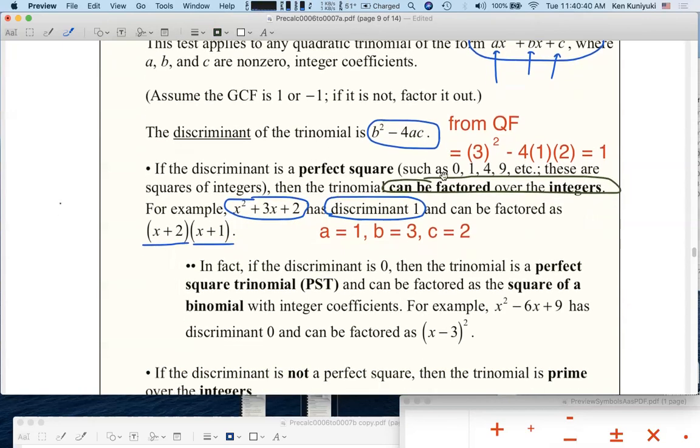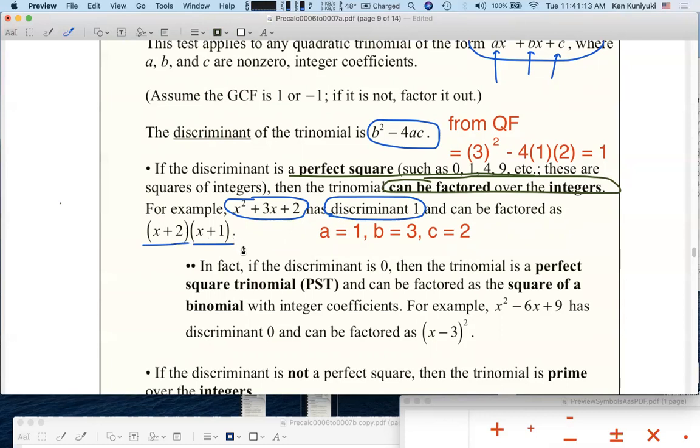By the way, because the discriminant is 1, why does that mean that we can factor it nicely? Because 1, the discriminant, is a perfect square. Perfect squares are squares of integers. 0 squared is 0, 1 squared is 1, 2 squared is 4, 3 squared is 9, and so forth. So if your discriminant is 0, 1, 4, 9, 16, and so forth, then that means you can factor this QT old school, like so.